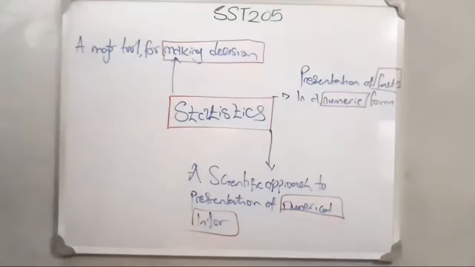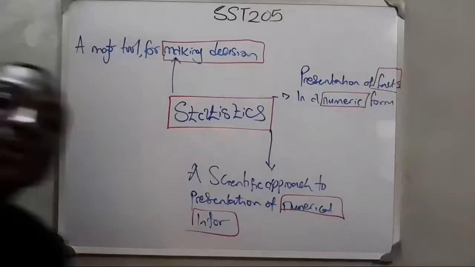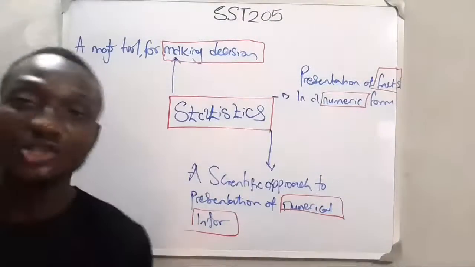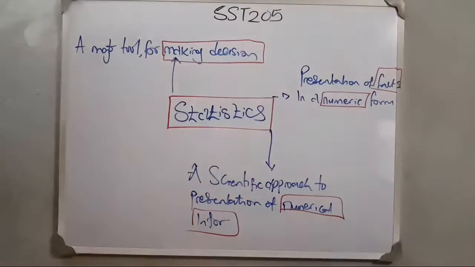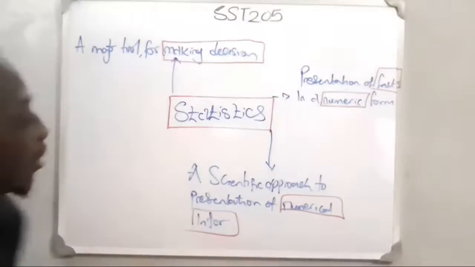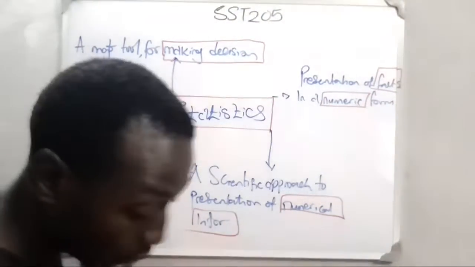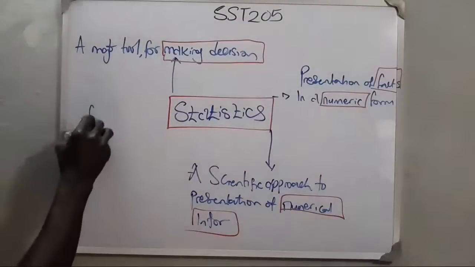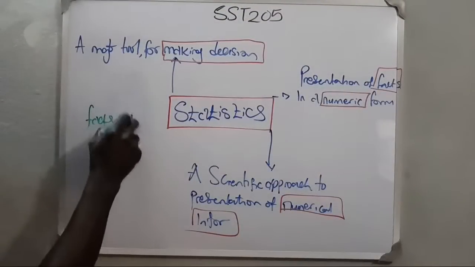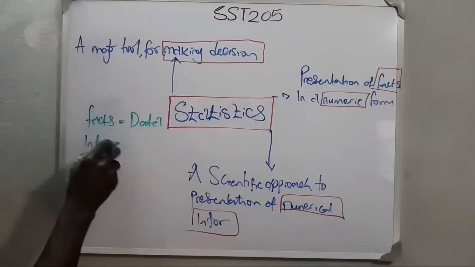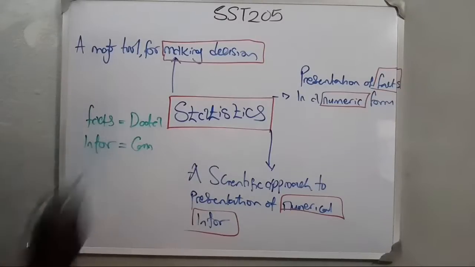Now let's not forget, in our GST 103 we made some distinctions between what we call information and facts. A very quick detour. We made some illustration about facts, which equals data, and info, which we use as communication.